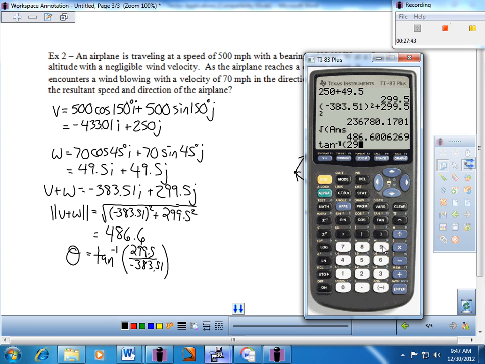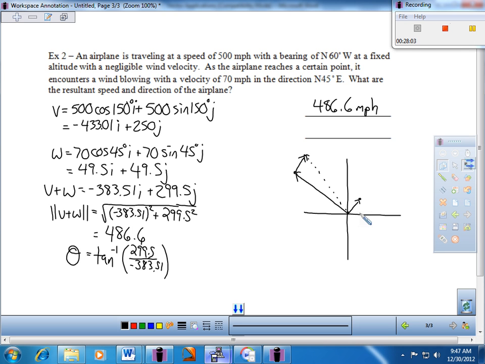So 299.5 divided by negative 383.51. I hit that, and I get about negative 37.99 degrees. So here's what that would look like, everyone. Negative 37.9, whatever it was, degrees. That's actually a clockwise rotation just about here. Wait a minute.